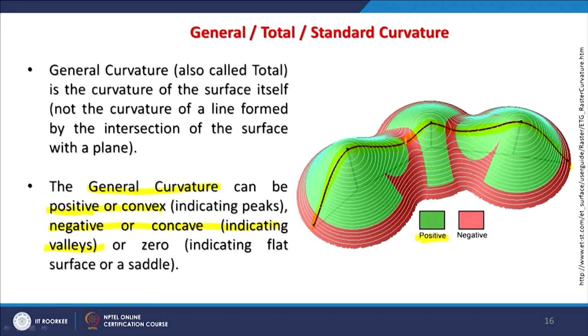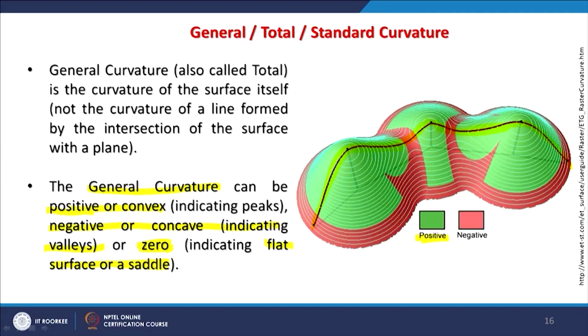And of course, whenever you are having value 0, that is indicating a flat surface, or a saddle might be a situation with slight changes, or flat also.